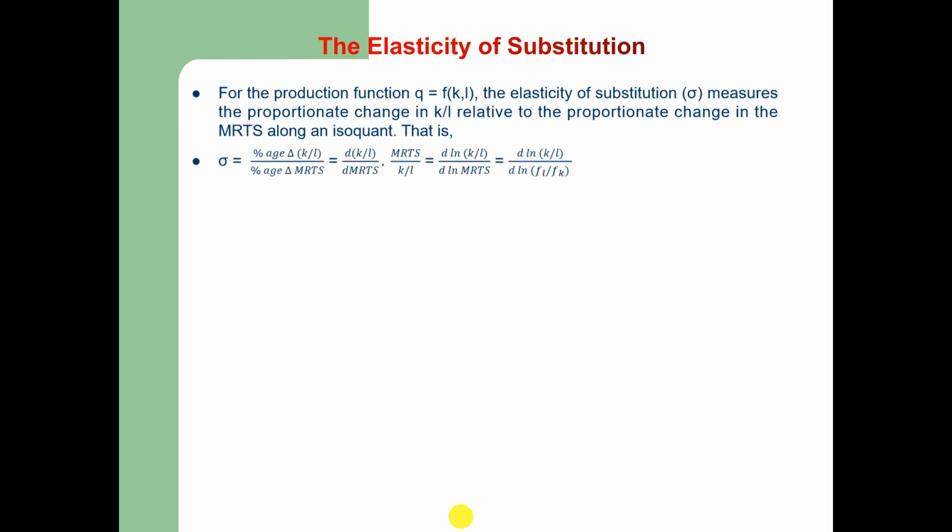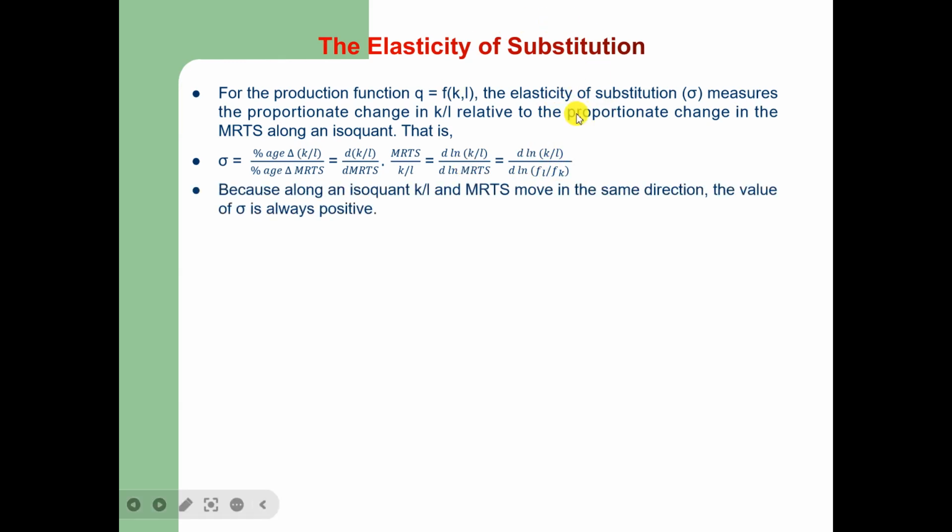That is, this sigma is equal to the percentage change in the capital labor ratio divided by the percentage change in the marginal rate of technical substitution. And simplifying this, finally, we get that this is equal to the change in the natural log of the ratio of capital and labor divided by the change in the natural log of the marginal productivities of labor and capital.